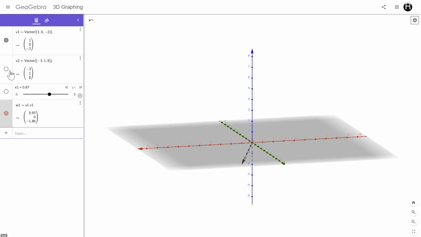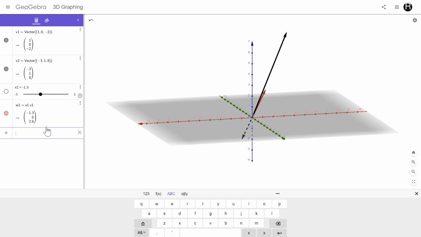Now, if we incorporate our v2 and then have another span of that, so let's call it w2 equals x2 times v2, and we'll create a slider for x2. Then we'll change this color also.